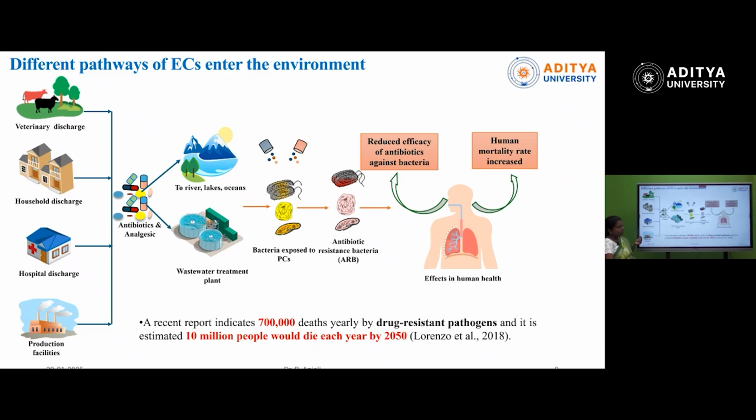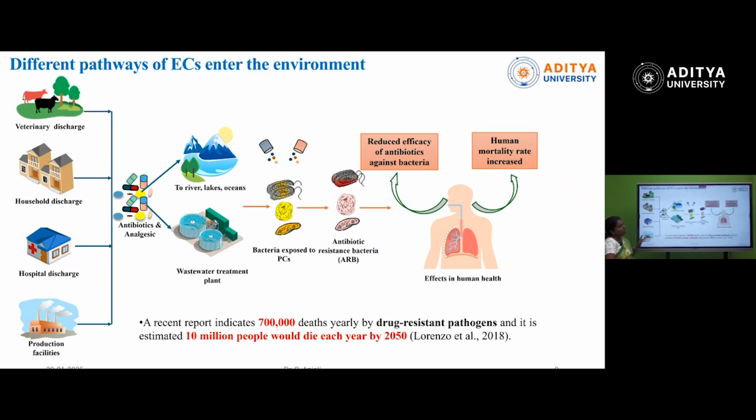If you take the 500 mg tablet frequently, our body will resist it. If you take it again, the fever will not reduce, which means our body is resistant to the tablet, so we go for a higher dosage like 650 mg. The same here: if bacteria are exposed to particular pharmaceutical compounds, antibiotic resistant genes and bacteria will develop.